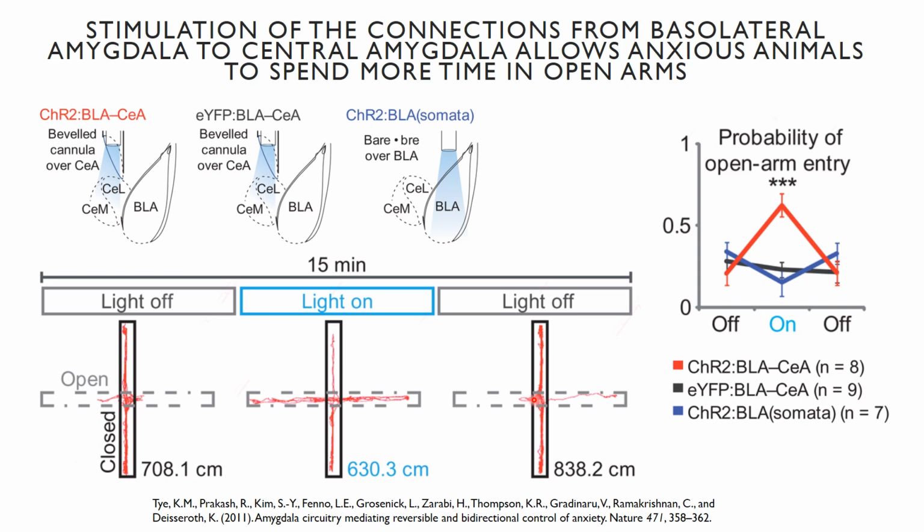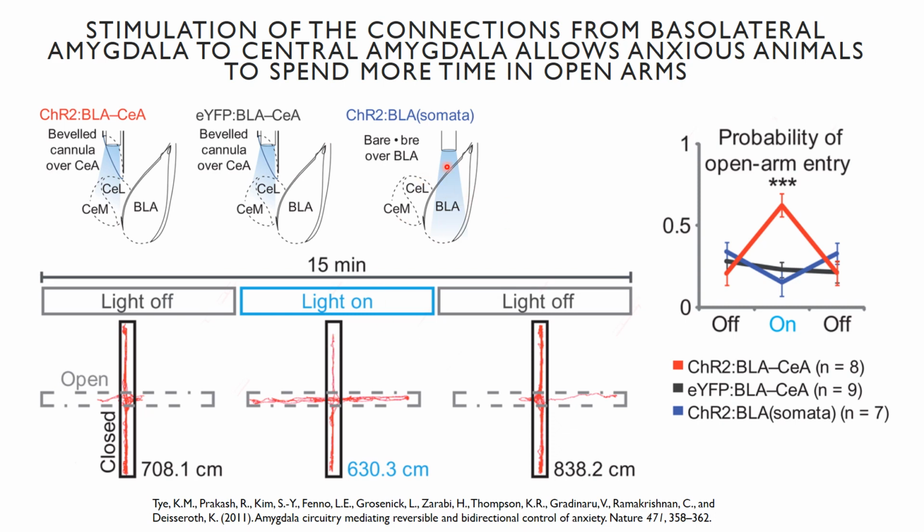What they found is that if you activate the neurons coming out of the basolateral amygdala into the central amygdala, if you turn them on and they're firing more than they normally would, this increases their probability of going into the open arms. So this subunit of neurons that is the output of the basolateral amygdala to the central amygdala is driving these animals to be less anxious.